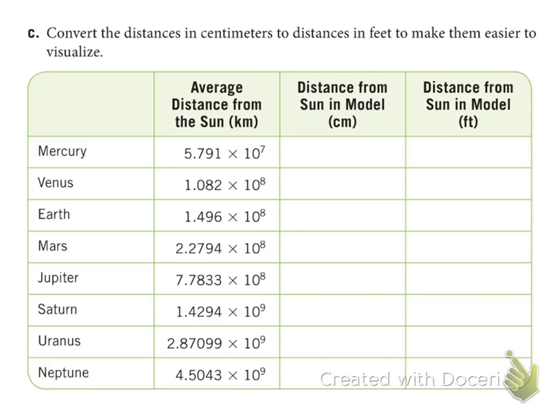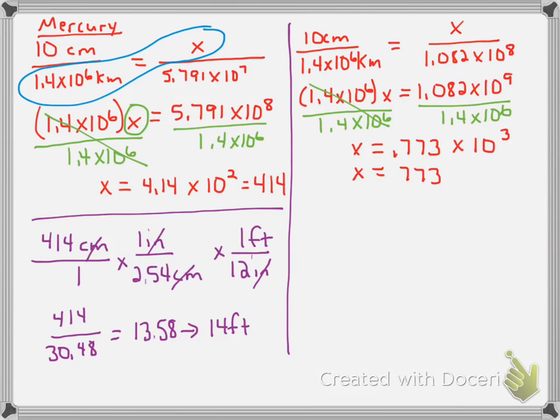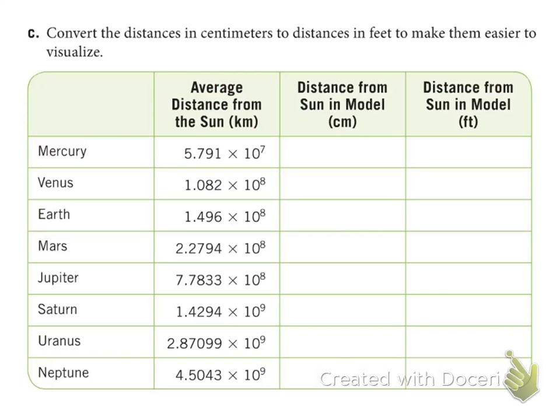So back to the table. Now we have 733. And now we have to convert the centimeters to feet. Oh, sorry? How'd you get 733, you said? Oh, I wrote it in wrong. Sorry. I'll go back and fix that.